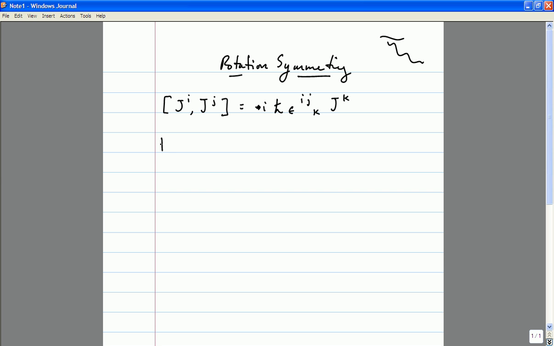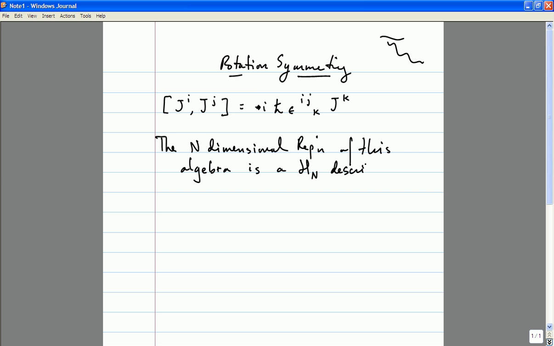And what we found is that the n-dimensional representation of this group, or this algebra of symmetries, is a Hilbert space called Hn, describing a particle, or describing an object with spin equal to (n minus 1) over 2.